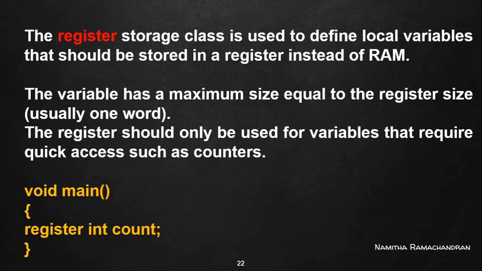But the limitation is, we can allot only a minimum amount of size, equal to one word length, for a particular register type variable. If we want to allot more space for storing a particular value for a variable, then we must allot that space in our primary memory.